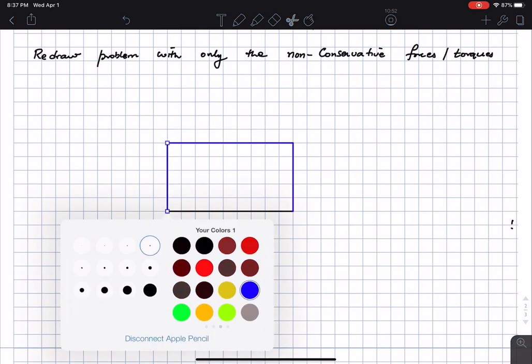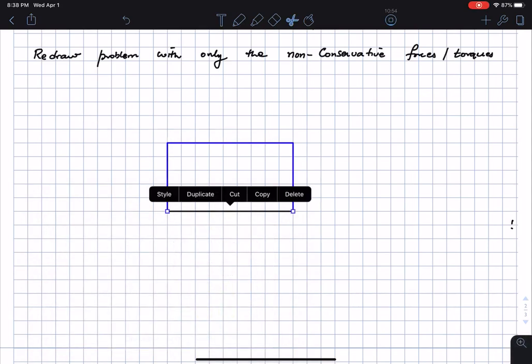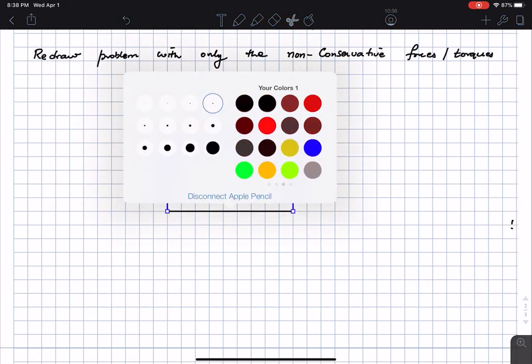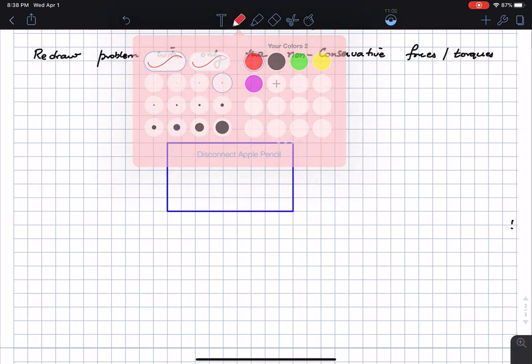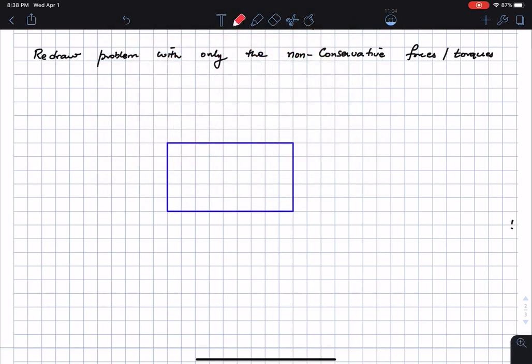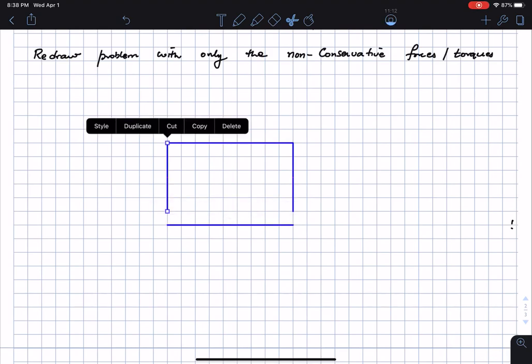So this is in blue color. Then I draw the forces acting on this body in red. Let me extend this a little more so that everything is equidistant. So this is going to be coming down a little more as well.